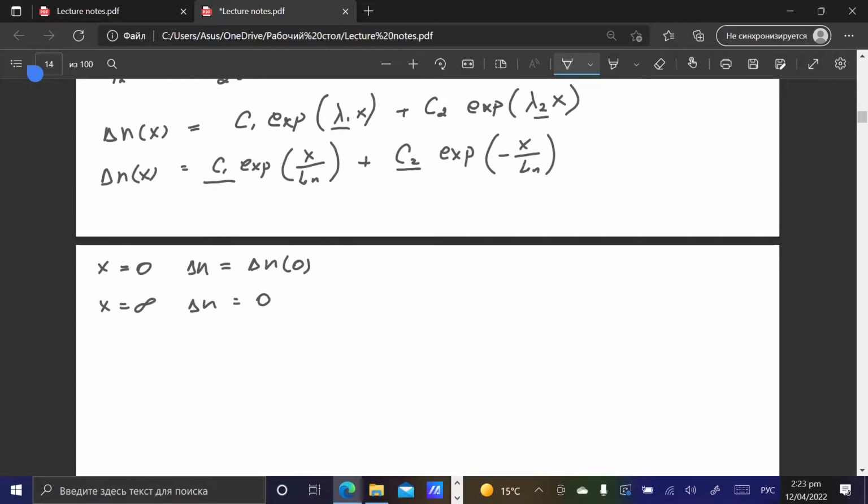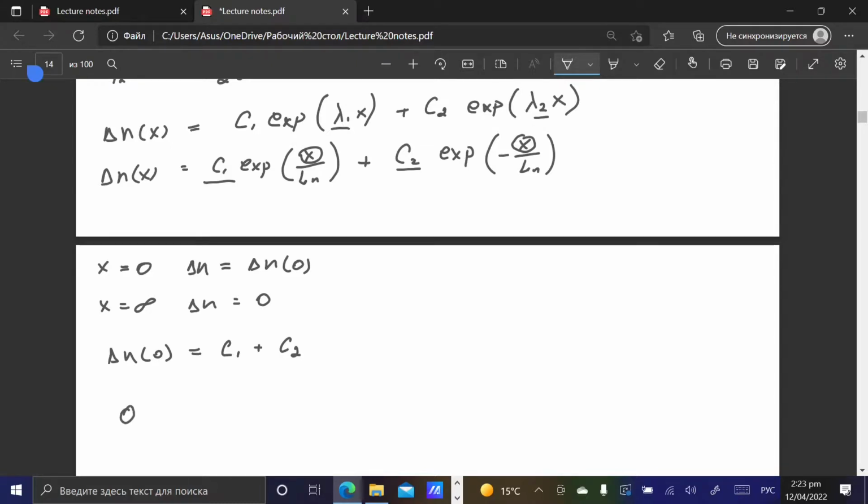It will be delta n naught equal to, if we substitute 0 for x here and here, exponent of 0 will be unity. So it will be C1 plus C2. Doesn't help us much so far, but now let us consider what will be at x equal to infinity.